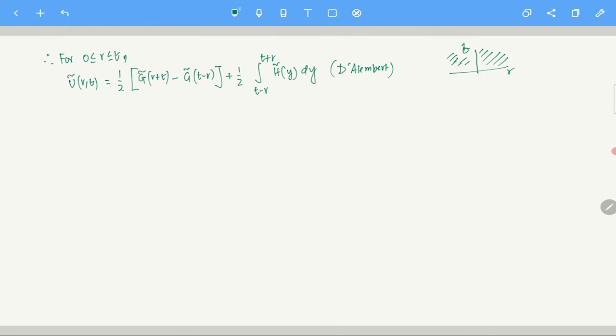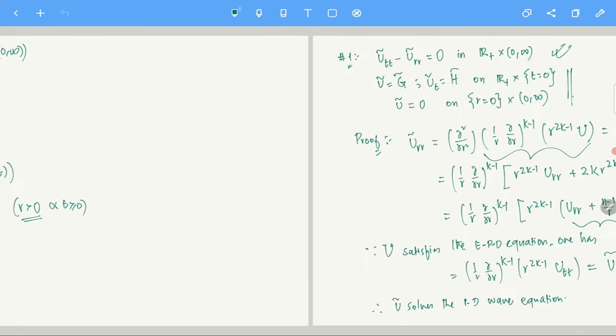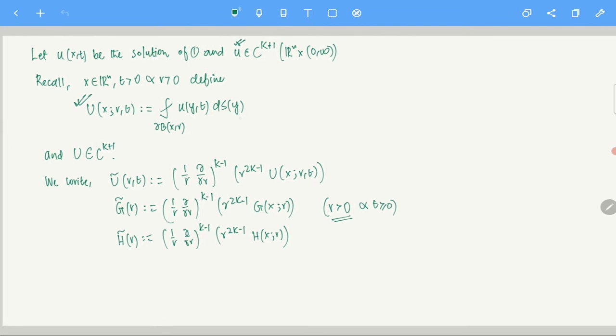Also you see u(x,t), if you remember, is essentially the limit as r tends to 0 of capital U(x,r,t). That's the average, right? Capital U is the average.